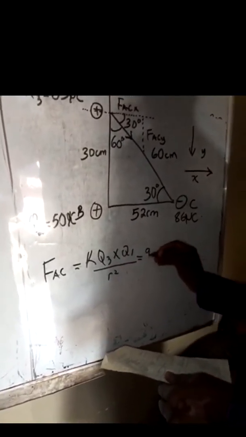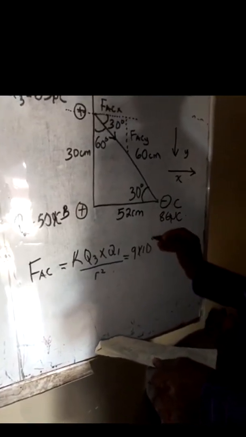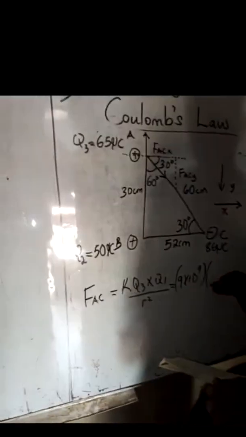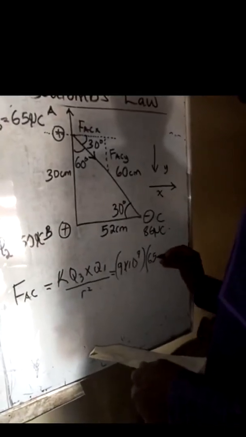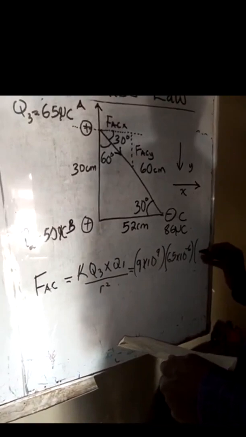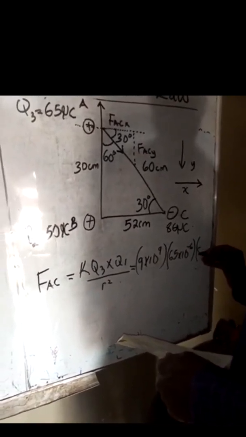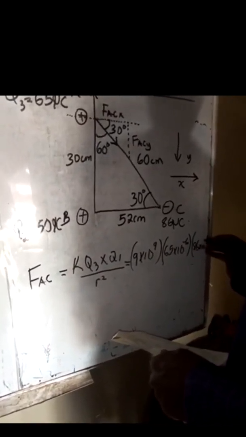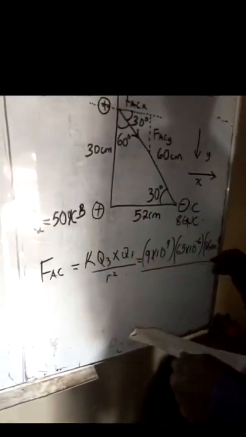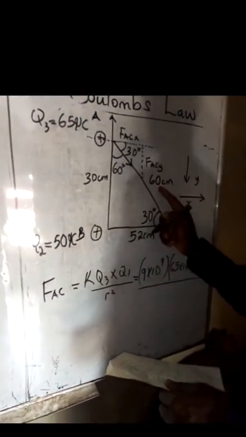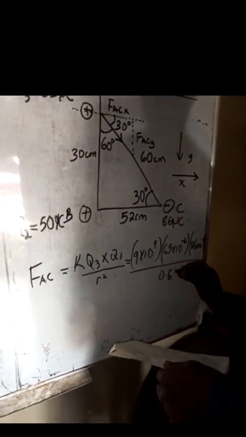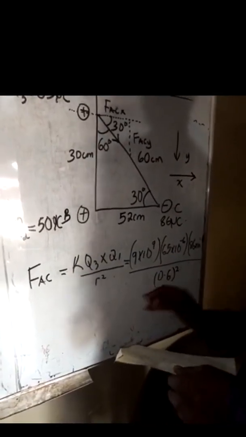Our K is still the same, 9 times 10 raised to the power of 9, multiplied by our Q3, which is 65 times 10 raised to the power of minus 6, then 86 times 10 raised to the power of minus 6, then divided by our R. Our R is 60. 60 divided by 100 will give us 0.6, all squared.